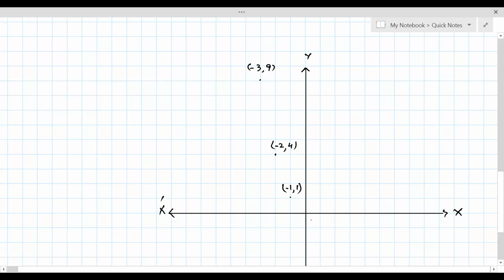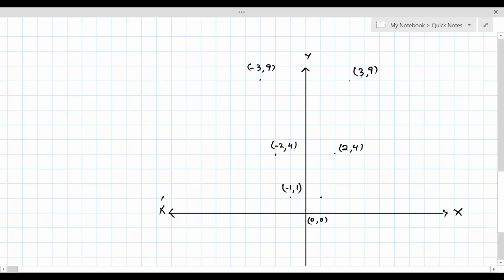And 0, 0 is another point on the origin. 1, 1, and 2, 4. 1, 2, 3, 4. So this will be the point 2, 4. And the last point that we are going to plot is 3, 9. So 3, 9 will be right here.